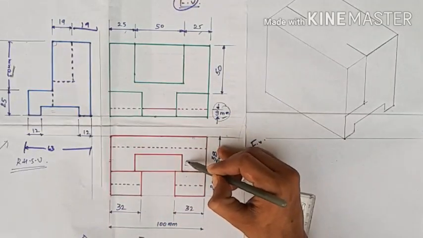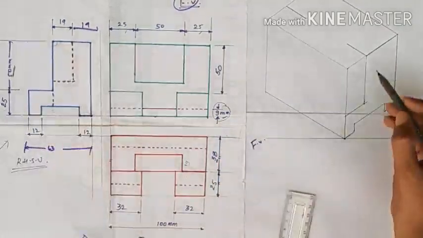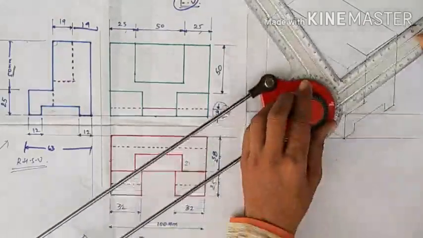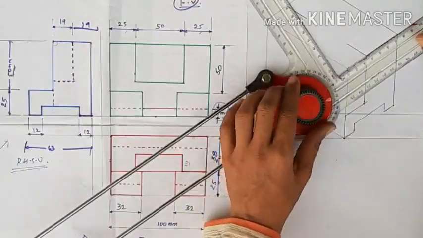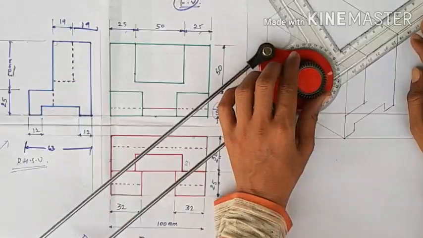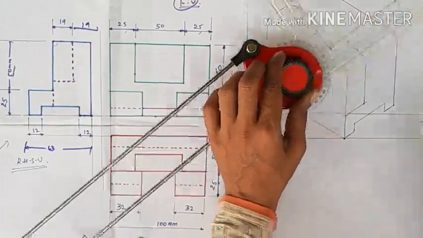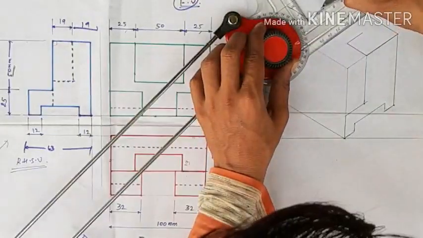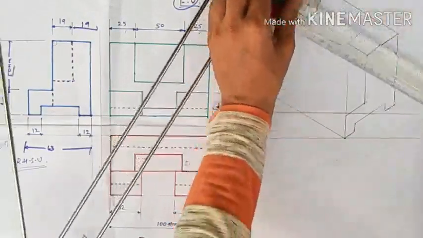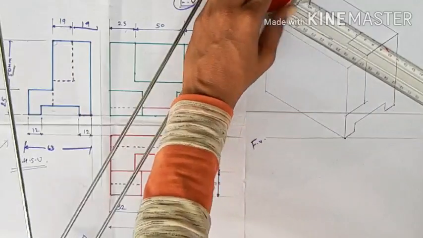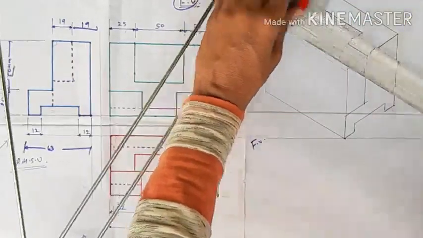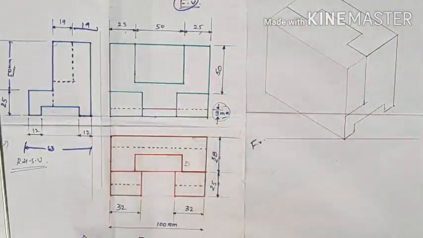This is 19 mm inside. So here we draw 19 mm parallel to it from here like this, and again from here like this, and join these two points with a single line, and it looks like that. So this is completely what appears from the top view.